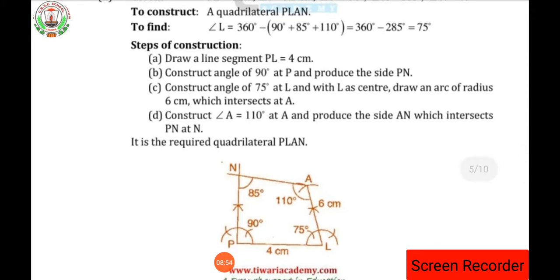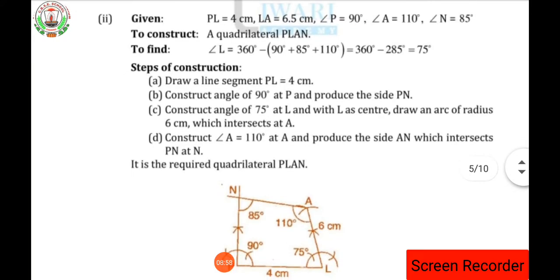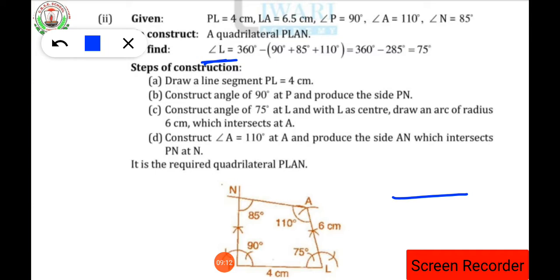So dear student, before constructing this, I would like to tell you how to find the angle L. Why are we finding angle L? Because the point L will definitely come at the base. Either you will mark LA as a base, or you will take PL as a base.